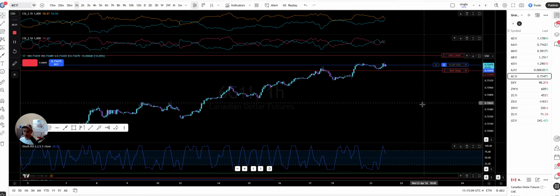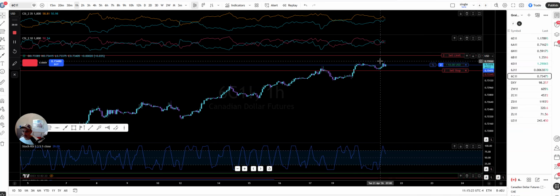I took this long in this, the Canadian dollar futures, because the CAD did look like it was picking up some strength in Forex pairs. So I figured this would be a good trade. Looked like we did have a little pullback. And there actually was an entry here, but this is during the pre-New York session.